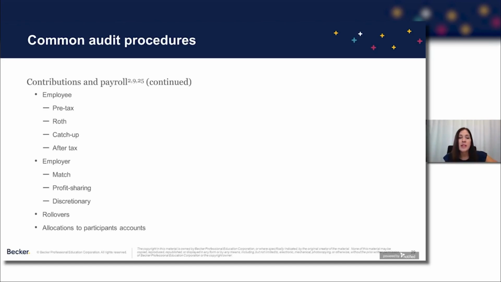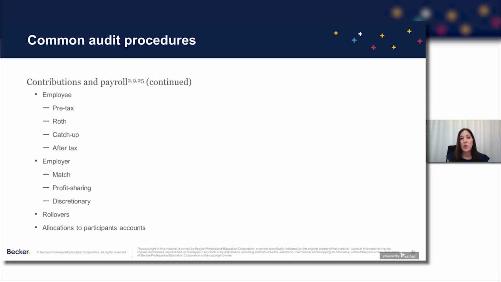And so if the plan allows for pre-tax and Roth and catch-up and other after-tax, well, then we're going to be testing all of those different types. The same goes for the employer contributions, depending on the different types of employer contributions that are allowed, whether it's the match and the profit sharing and or discretionary, or any combination of those.